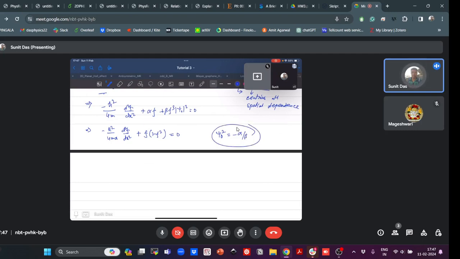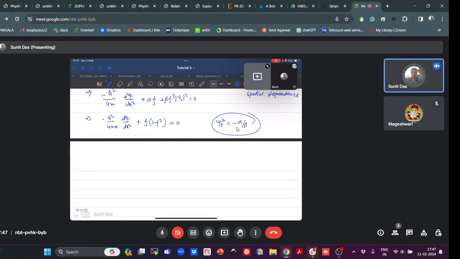So this is a very important result which we will use all along whenever we are discussing lambda theory or any Landau-Ginzburg theory. And then we'll define something like ξ².